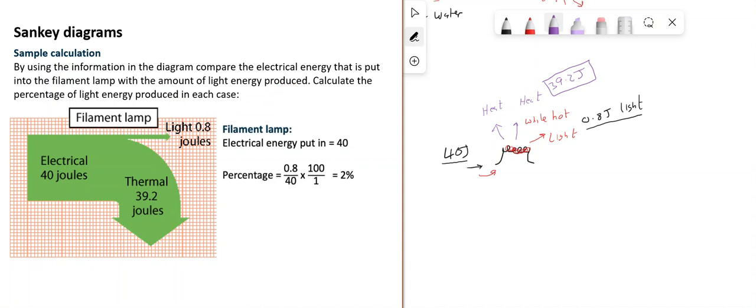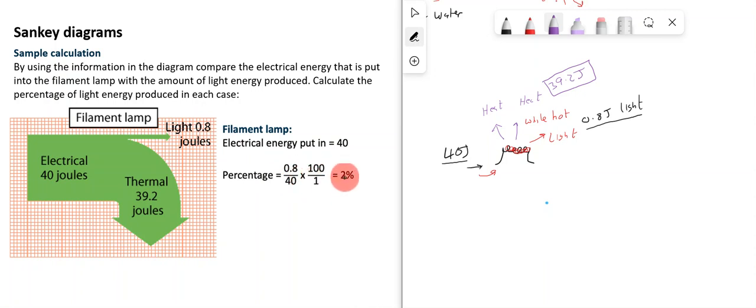So how do we do this? With the filament lamp, we have, for example, 40 joules of energy going in, 0.8 joules of that has been turned into light energy, and 39.2 joules has been lost as heat energy. So what we can do is calculate the percentage. The amount of light being produced is 0.8 divided by 40, multiplied by 100 over 1.